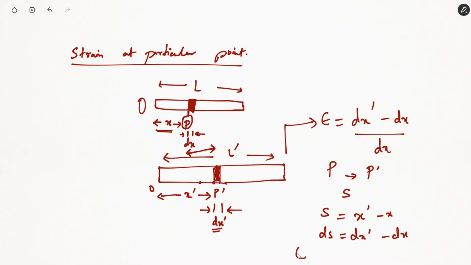So in other words, strain is ds divided by dx. The displacement of point P to P dash can be measured in terms of x and x dash. That displacement over the original length can now give us the strain at that very particular point.